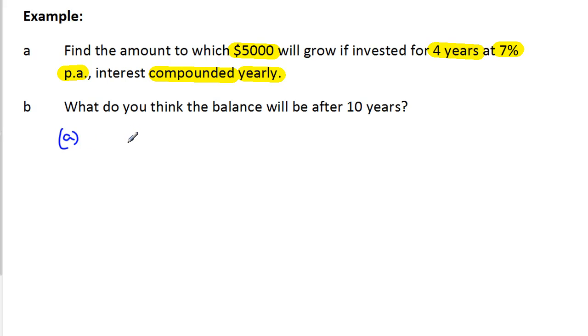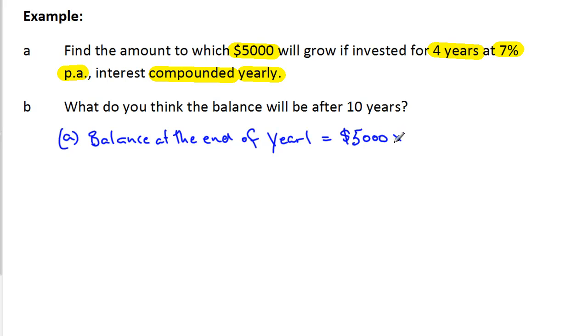All right, so we're going to use our constant multiplier. The balance at the end of year 1 is going to be whatever our balance is, that's $5,000 to start with.